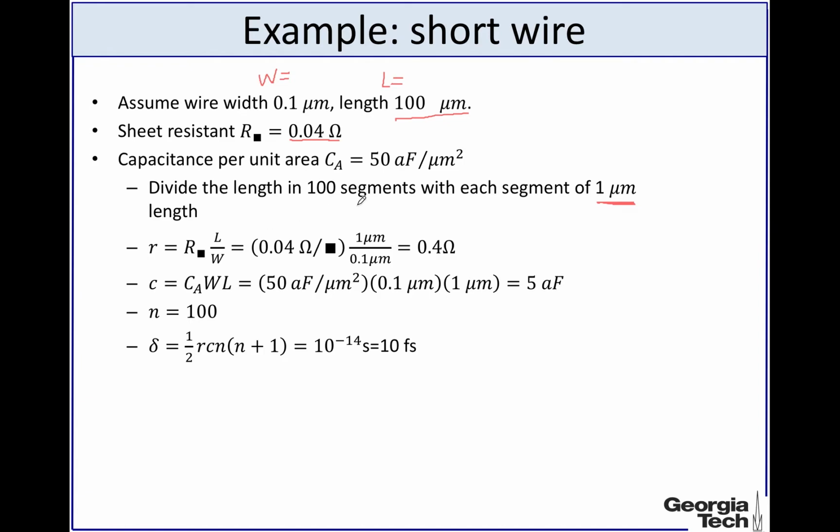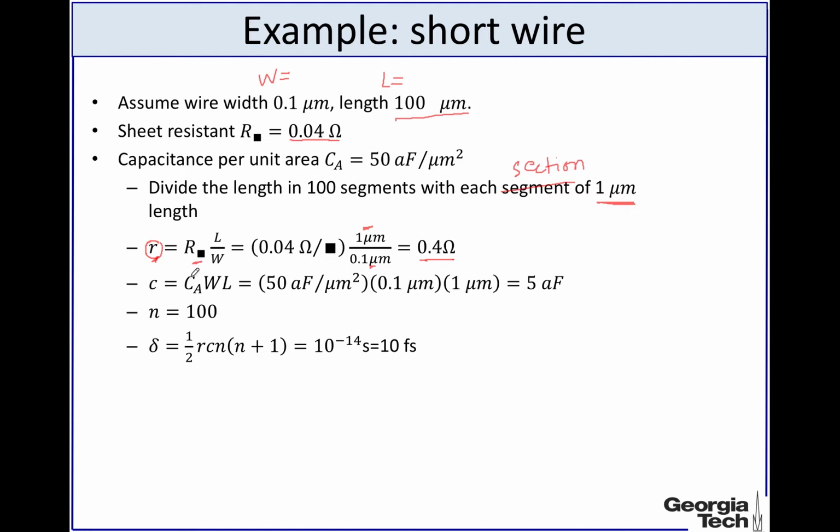So if you have a 1 micron long interconnect, the small r, which is the resistance of that section, is the sheet resistance multiplied by length over width, and length for this small section is 1 micron and the width is 0.1 micron. So the resistance of this small section is 0.4 ohms.